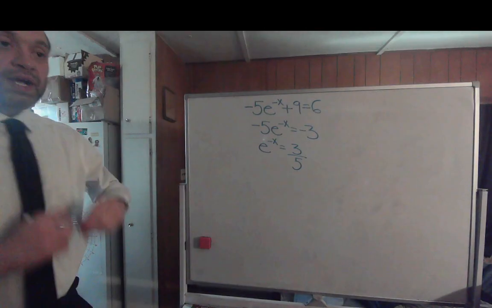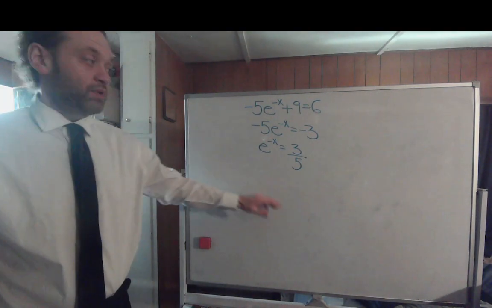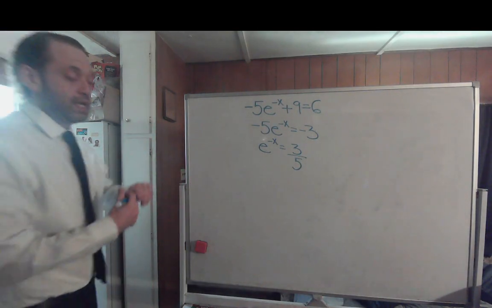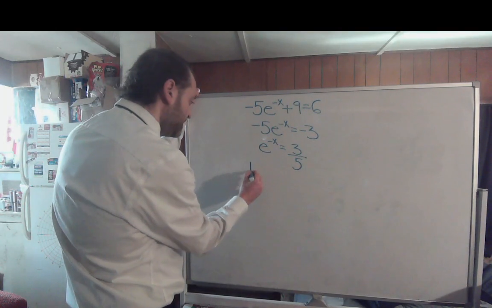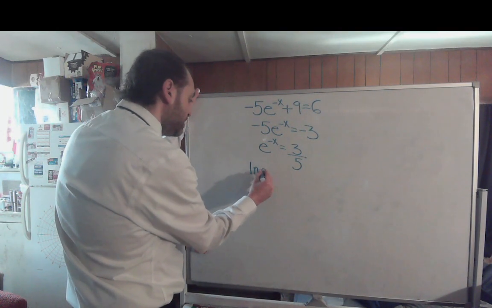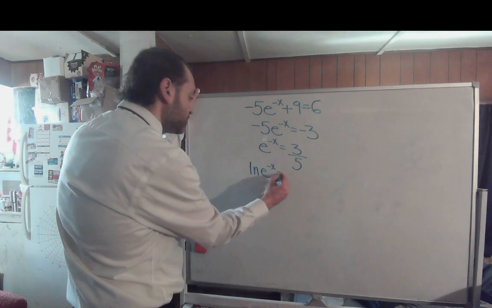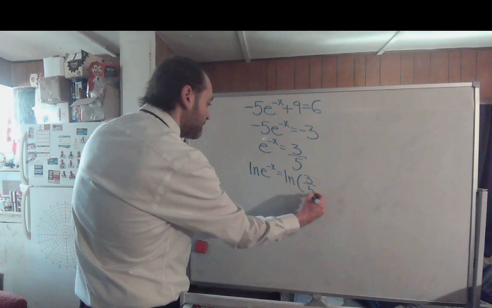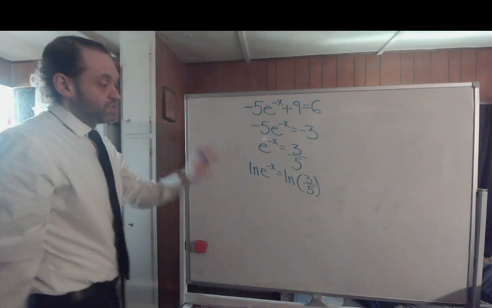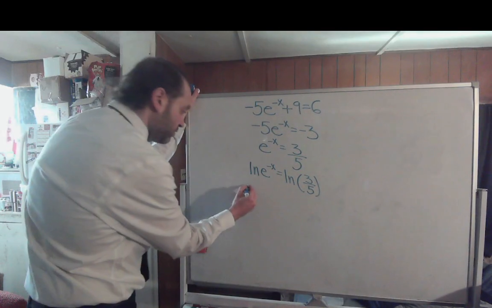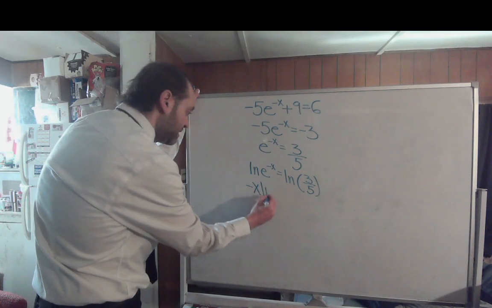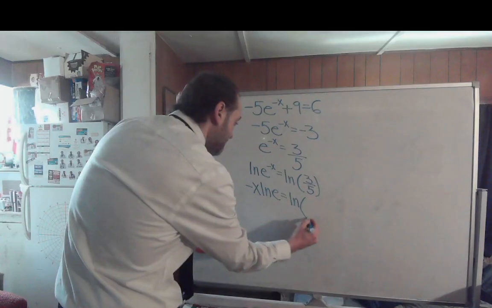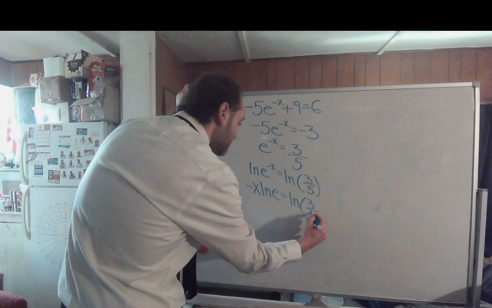There's no way to relate e and 3/5 with a base that has a whole number power, so we're stuck with a natural logarithm again. So take the natural log of both sides. The natural log of e to the negative x would equal the natural log of 3/5. On the left side, you have a power rule. This will turn into negative x times the natural log of e would equal the natural log of 3/5.